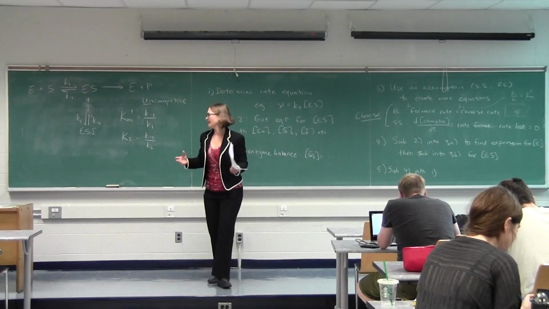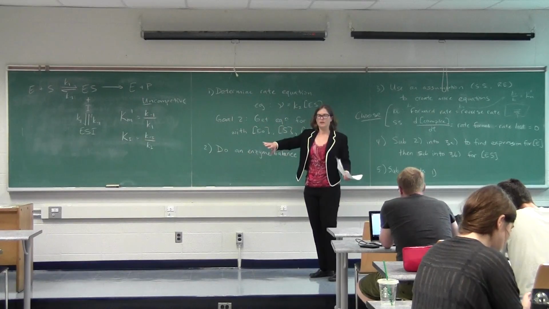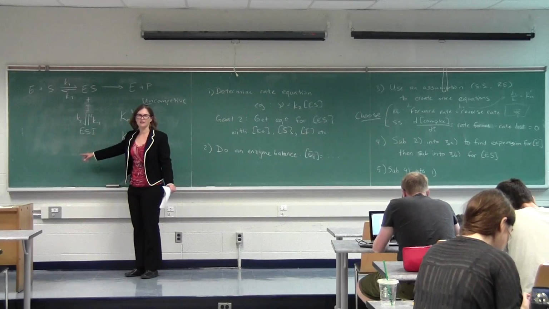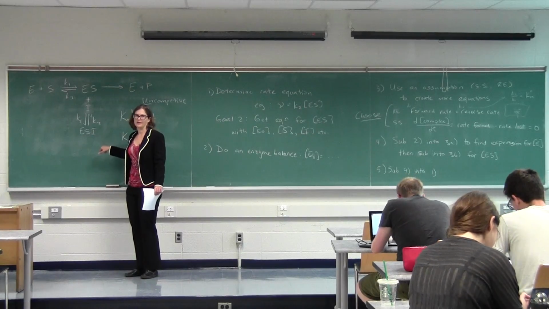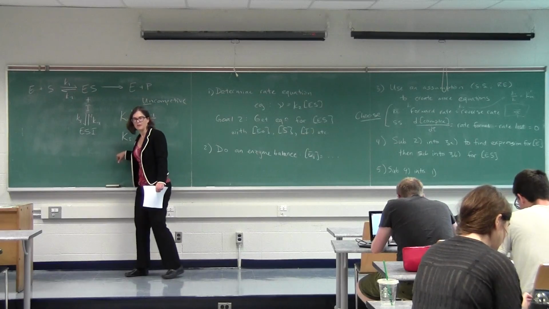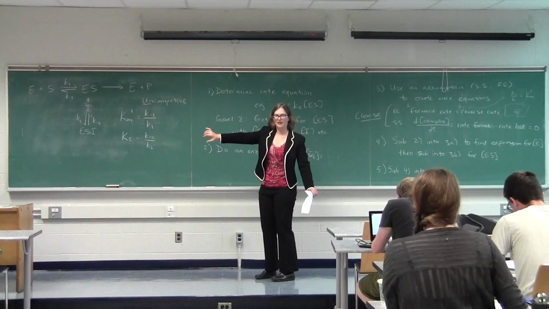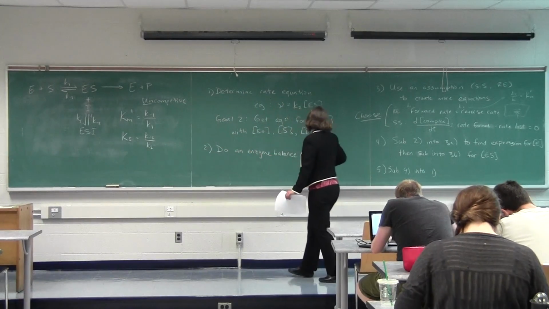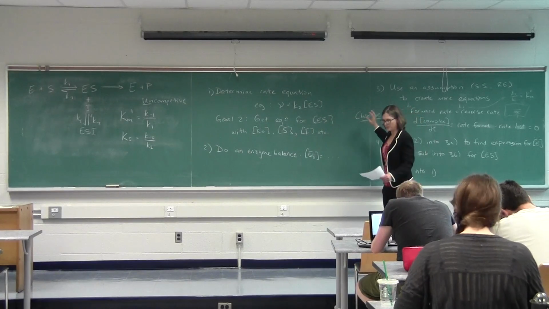So let's go through it again. The next step usually is to rearrange your enzyme balance, say, so that the enzyme balance is E equals E naught minus ES minus ESI. And then you have that expression for E that has now an ESI and an ES in it. And you would put it into one of your rapid equilibrium expressions.